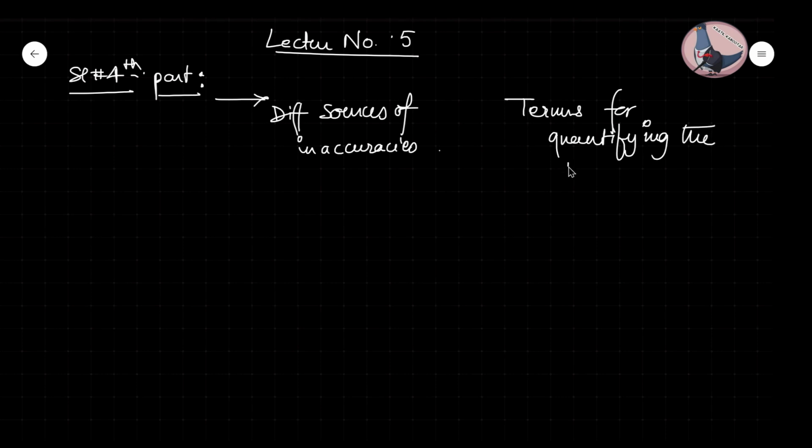Now, I want to give some disclaimer today. Especially for this part, these terms will be some tests, like how these tests are done. Suppose you want to ensure that the repeatability of a machine is good. So how to ensure that? There will be some test, and how frequently the test is done.